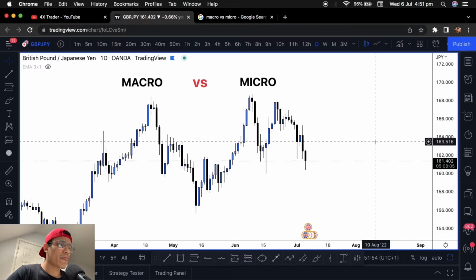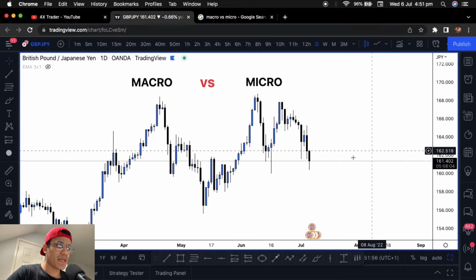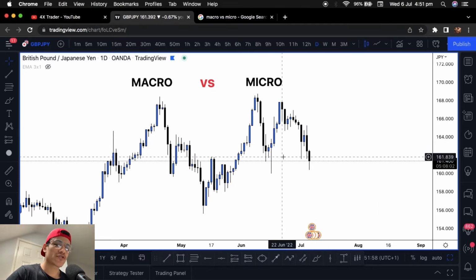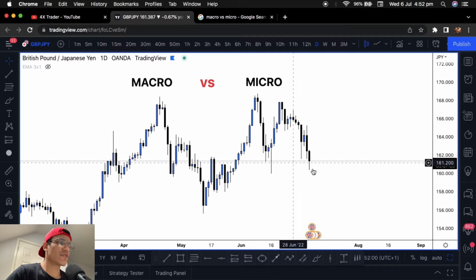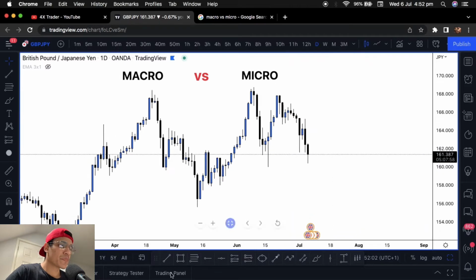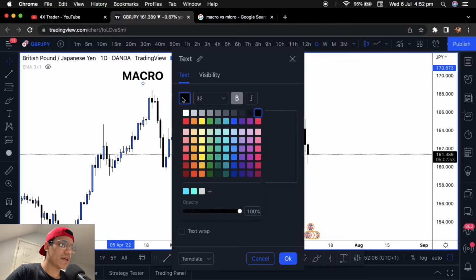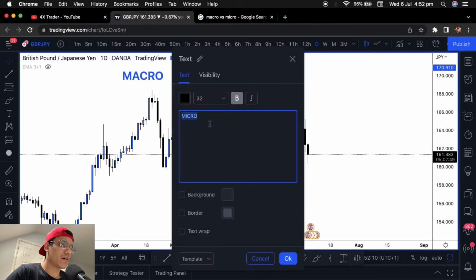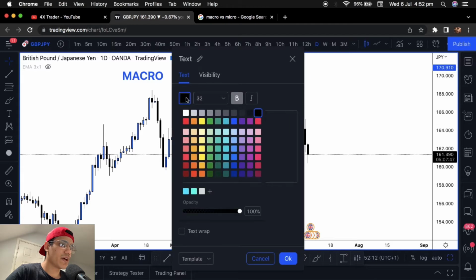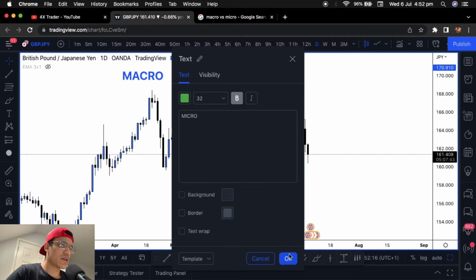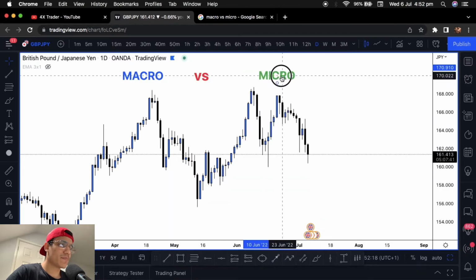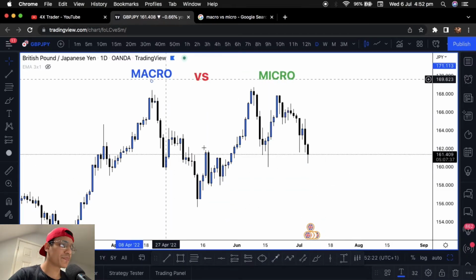Let's say macro structure is bullish, but microstructure is bearish, right? So here's what I mean by that. I'm gonna color macro blue, and I'm gonna color micro green.